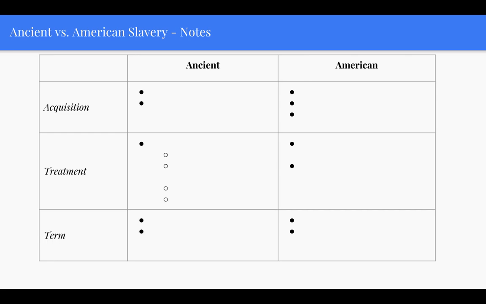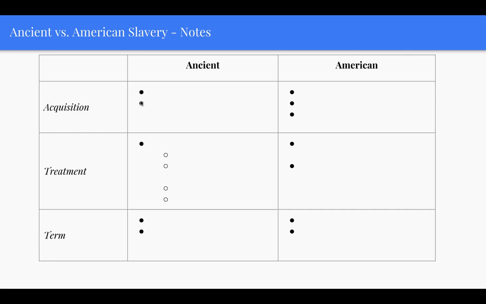All right, here is the most difficult task perhaps. You may want to use a ruler. You need to create this table in your notes section of that new notes page, Ancient versus American Slavery. And I suggest you turn your notebook sideways. In other words, turn it so that the long side is facing you, not vertical, but rather horizontal.